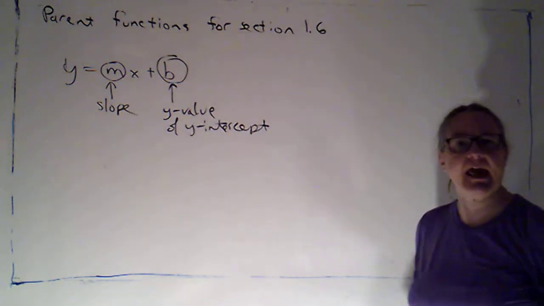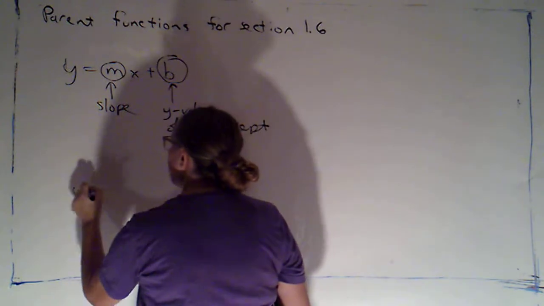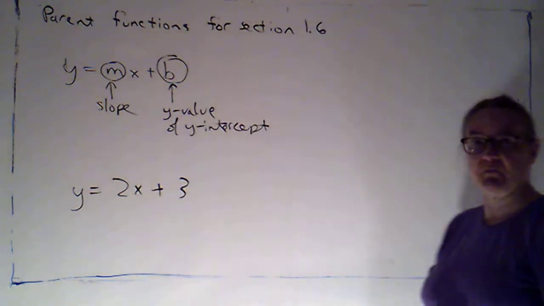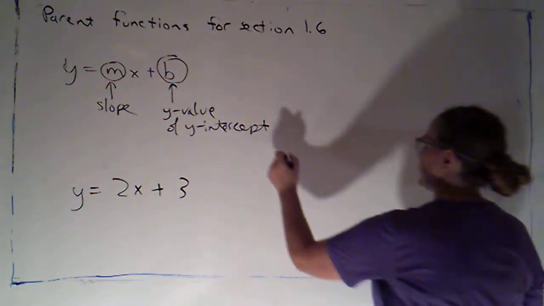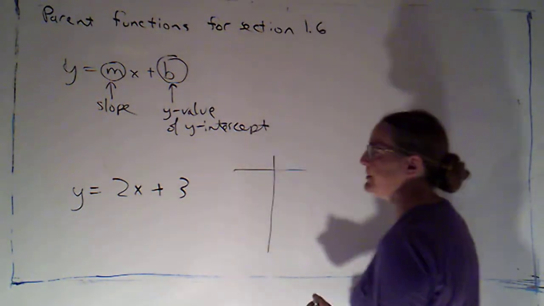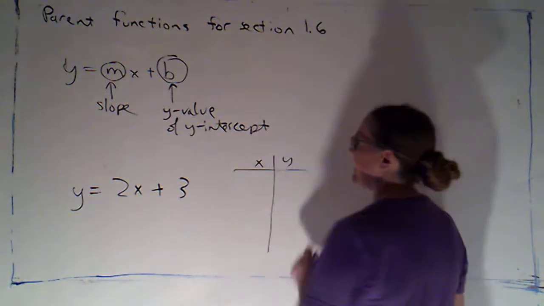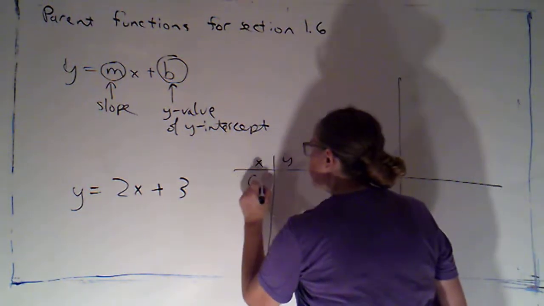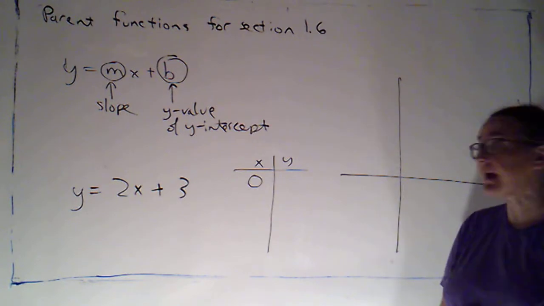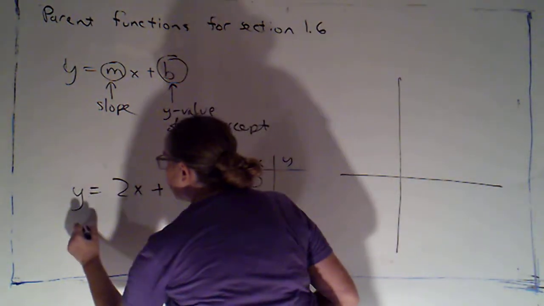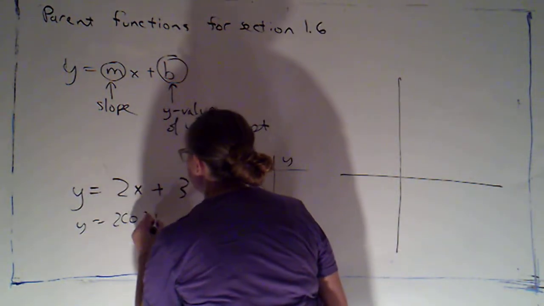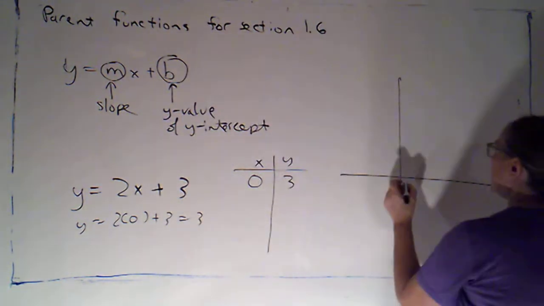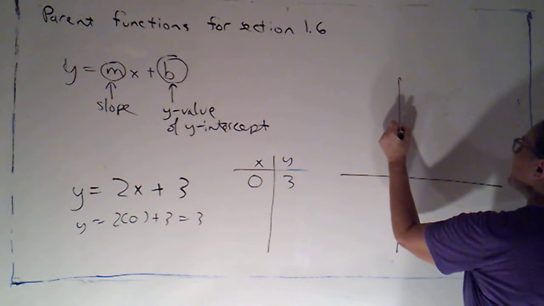Let's just take a look at an example. Let's suppose that y was equal to 2x plus 3. Let's pretend I didn't know this was a line, so I was just going to create a table of values, x and y values. So, if I plug in 0 for x, I would get y equals 2 times 0 plus 3. That would be 3. So, I could plot the point (0, 3).